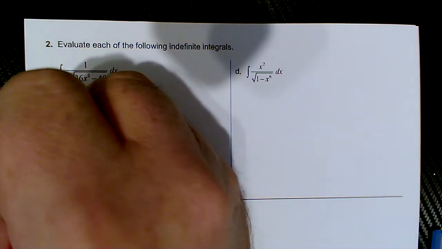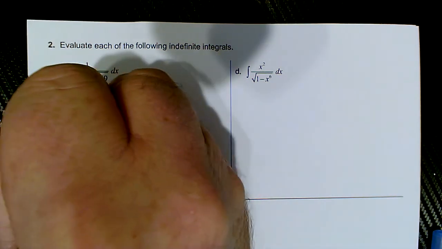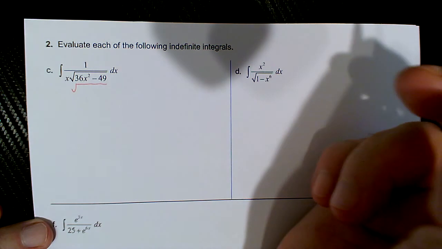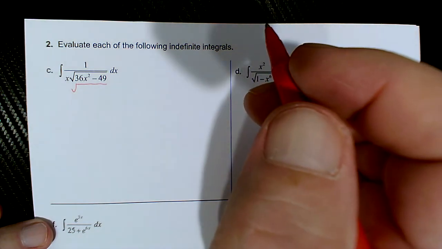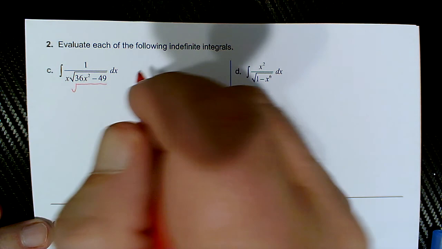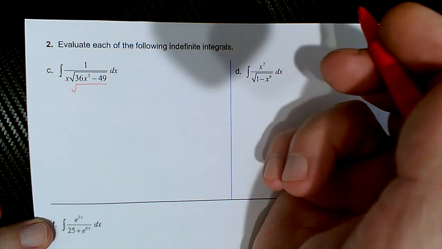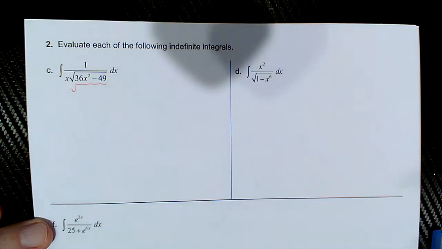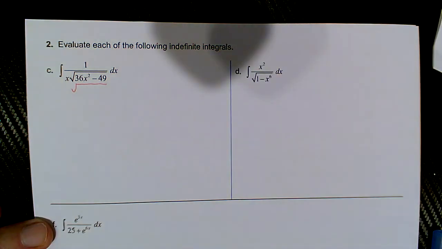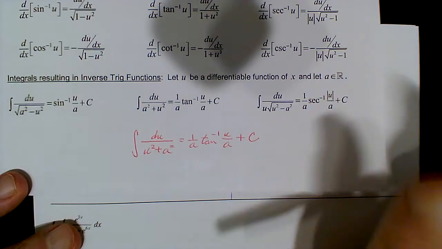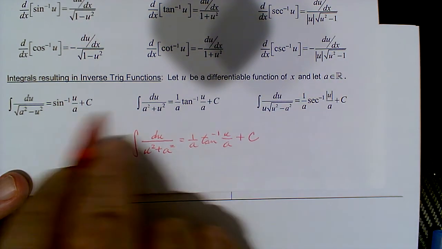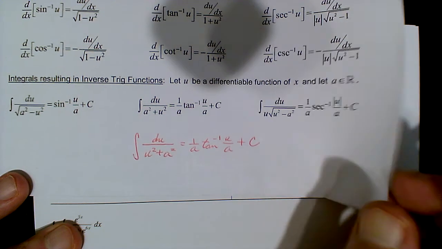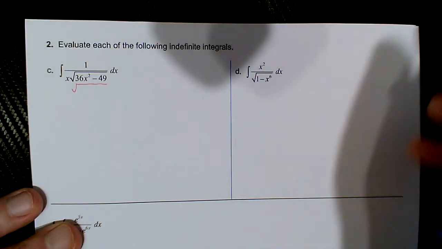So we turn our attention to the integrals that result in the inverse trig functions. And remember, to get a start on the problem, all you have to do is classify the terms under the radical or in the denominator without the radical, because there's only two choices. Look at the three formulas we have. It's either square root in the denominator and either of these, or no square root in the denominator and the inverse tangent.